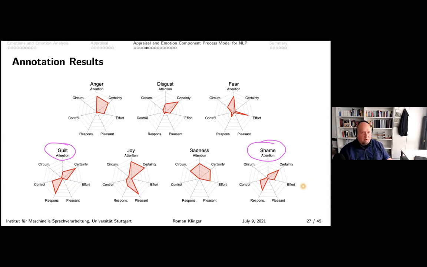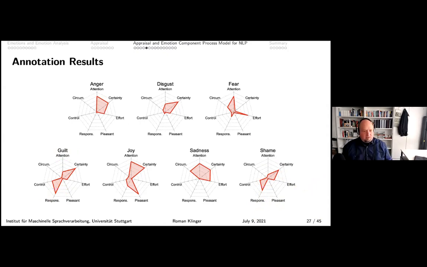Typically, you can only develop guilt when you feel responsible. Otherwise, you can feel ashamed. And this is something that we can see in the data. So this responsible dimension here is slightly higher than in shame, but typically you would expect it to be a little bit higher. So it seems that there's some noise in there because of the annotation process.